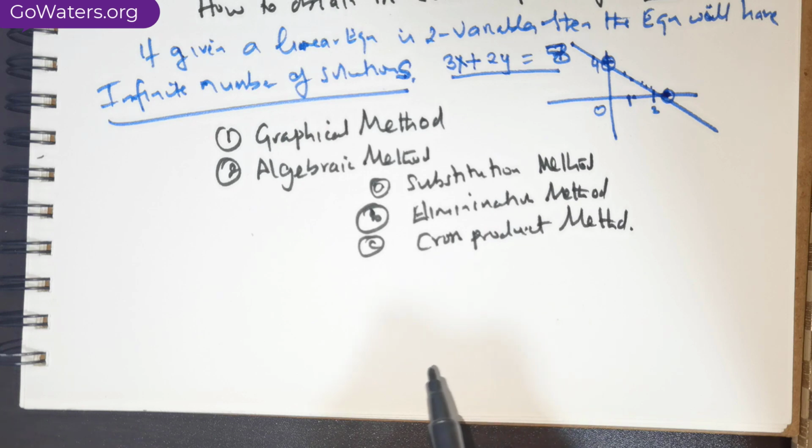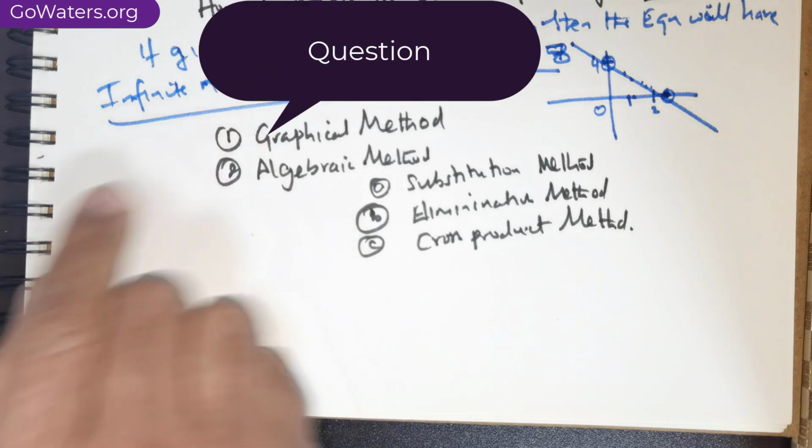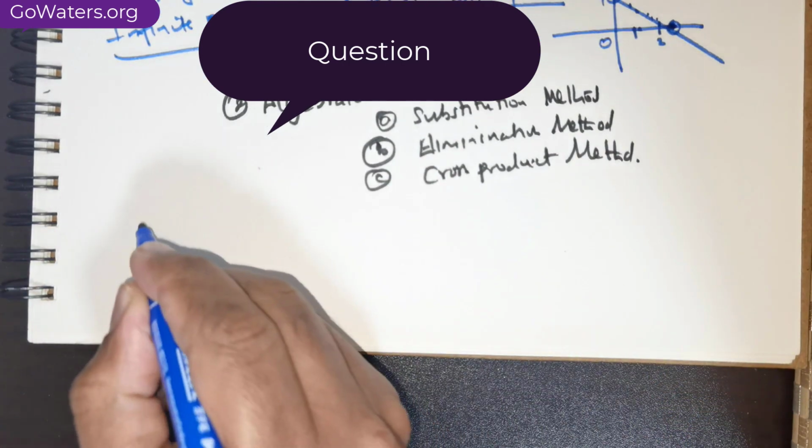So having mentioned that, let me give you a question. I'm going to give you this question and I will be applying graphical method. So I'm going to use this.